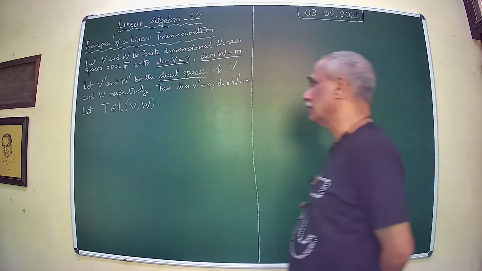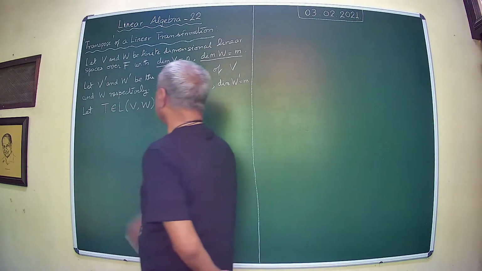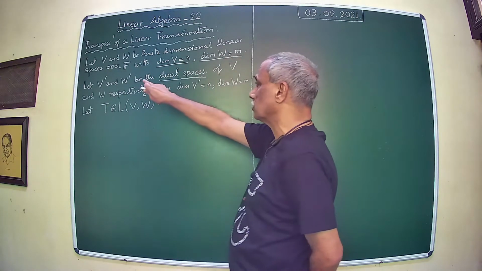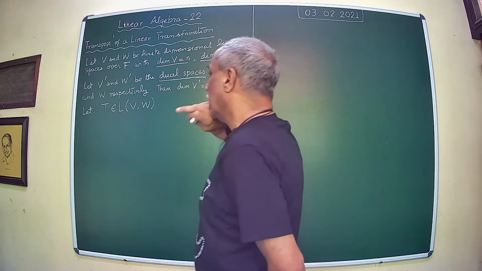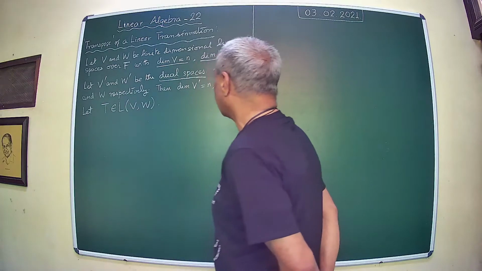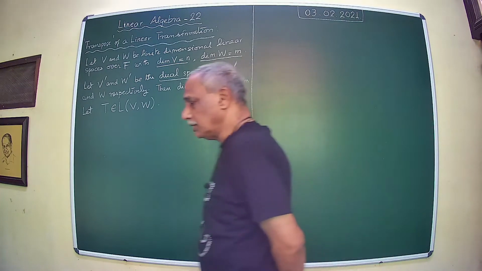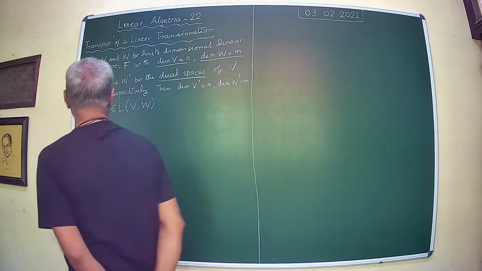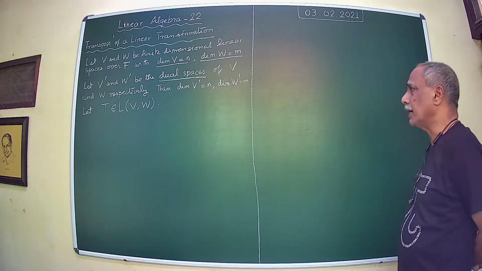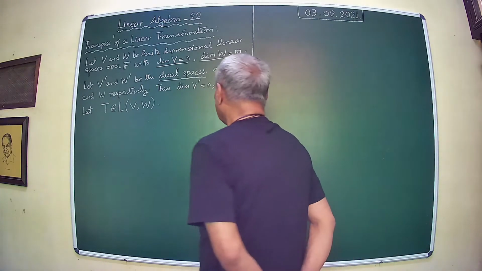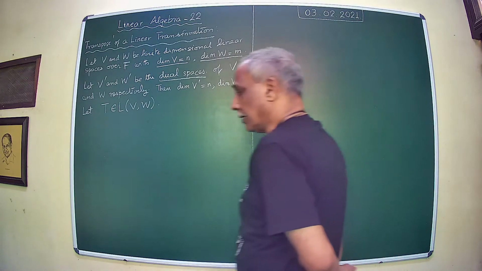Before that, our general assumptions will be that V and W are finite dimensional linear spaces over F with the dimension of V equal to N and dimension of W equal to M. And V prime and W prime are the dual spaces of V and W respectively, by which we mean the space of all linear functionals on V and W. Then dimension of V prime equal to N, which is the dimension of V itself, and the dimension of W prime equal to M, which is again the dimension of W itself.